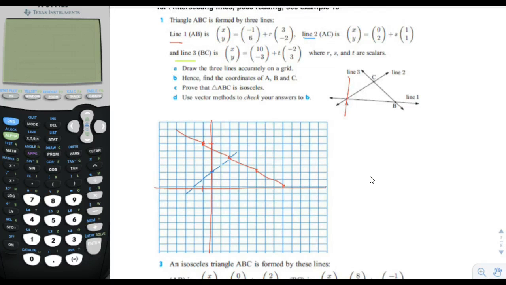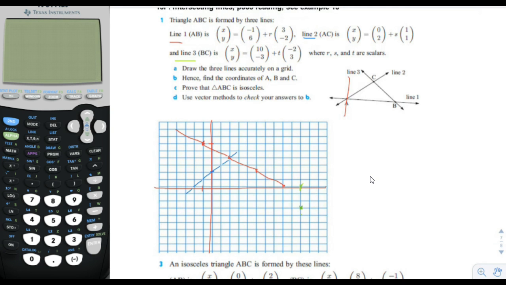Line 3 starts at 10, -3. So 1, 2, 3, 4, 5, 6, 7, 8, 9, 10, -3. Okay, -3.